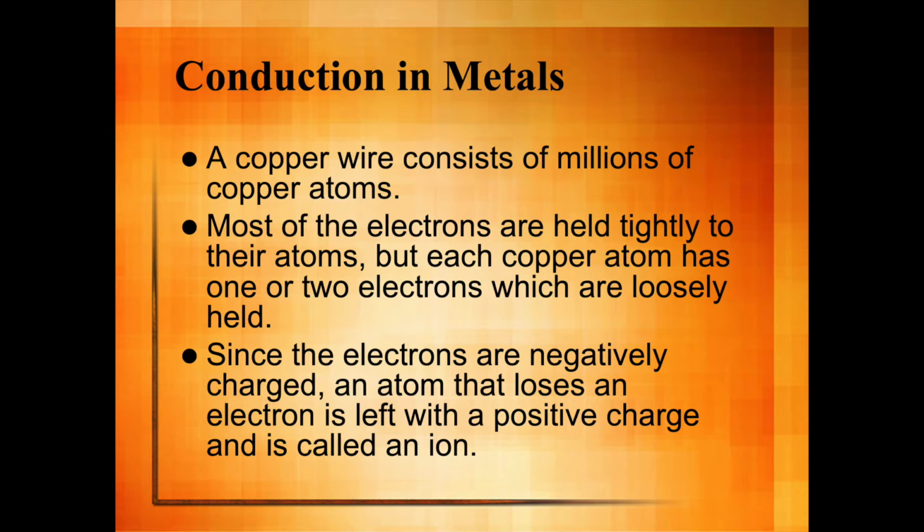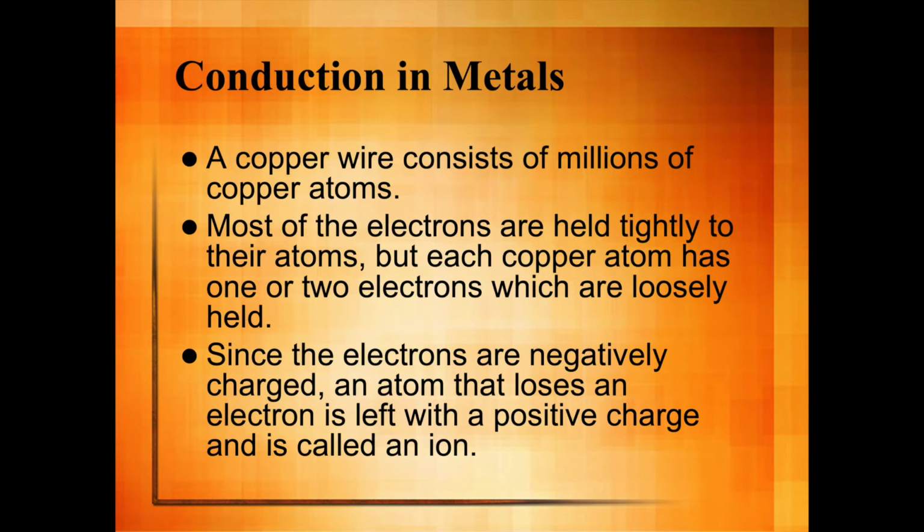And so because you have those electrons that are separate and then those positively charged ions there with the nucleus, the electrons can move. They'll be drawn toward another ion and then move away and then be drawn toward another ion. And this is what happens when we create the drift velocity of your electrons.